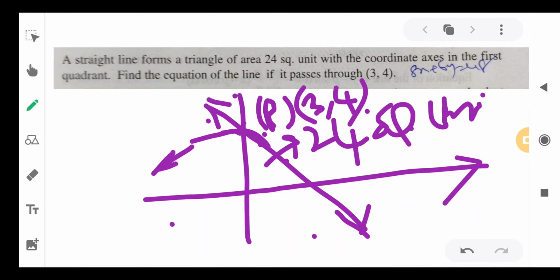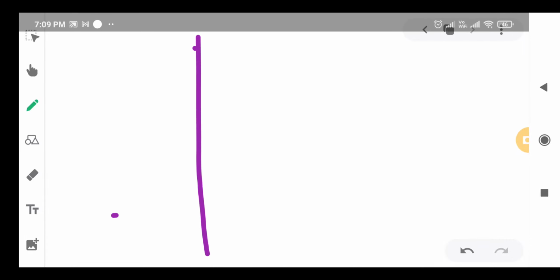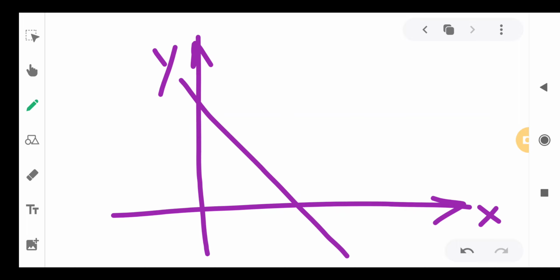So we'll draw again. So now what we have to do is, this is the y-axis, this is the x-axis, right? A line passes like this. Here a point P is given, through (3, 4), and it forms an area.